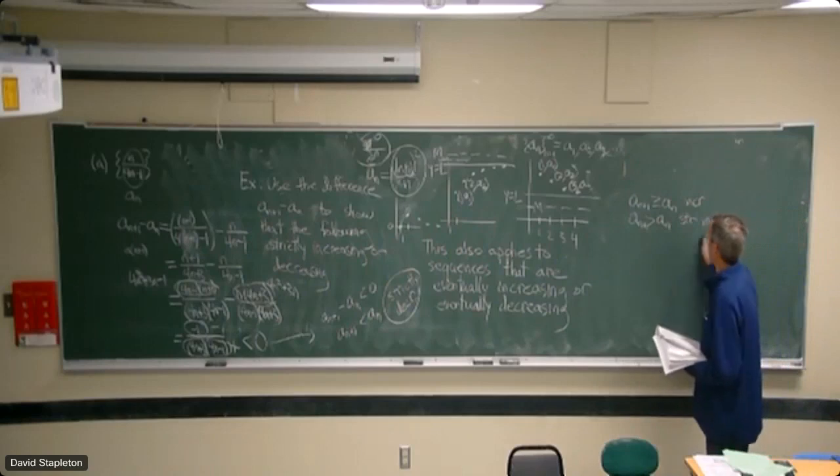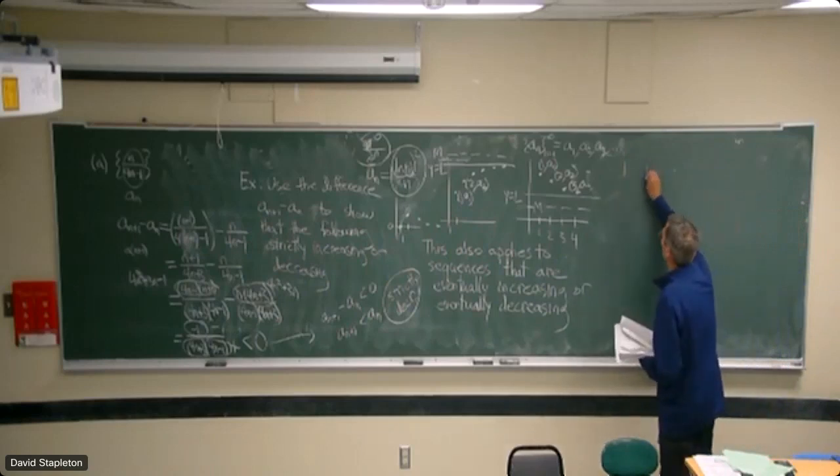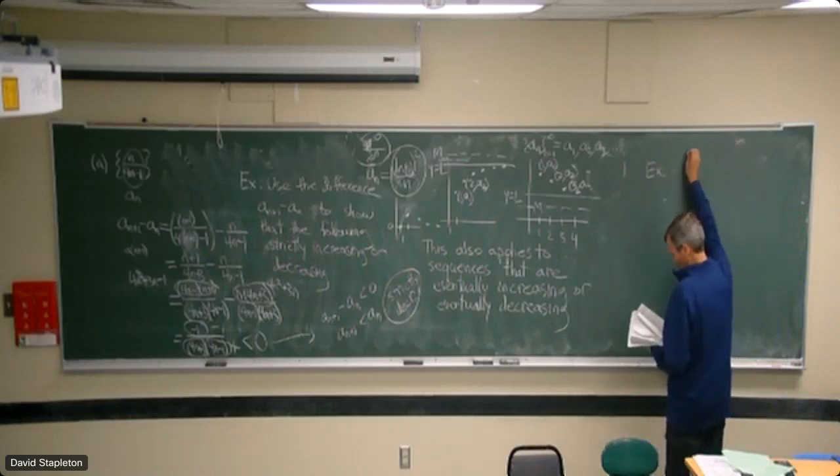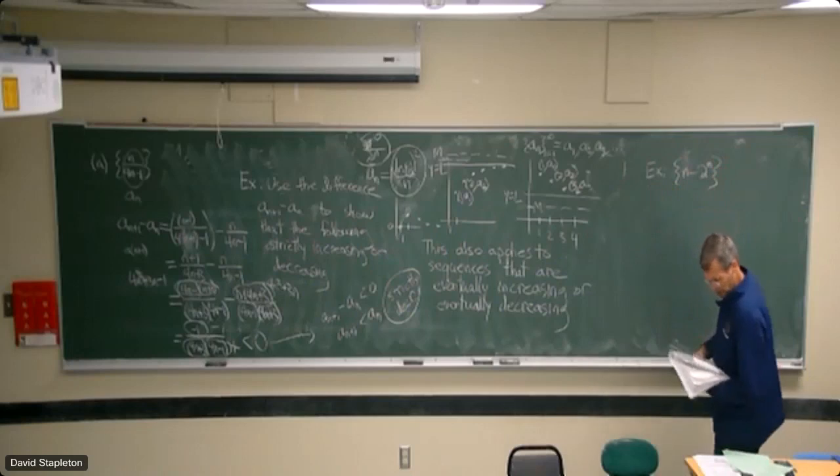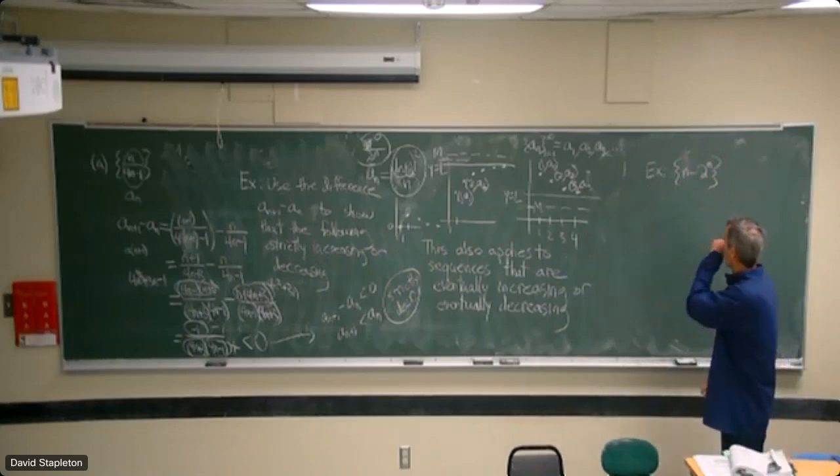Okay, maybe we should do one more, huh? Let's do this one. This is number 5. This is on your homework list, though yours has a step different. Suppose I have the sequence n minus 2 to the n, again n equals 1 to infinity. It's either strictly increasing or decreasing, so which one is it?